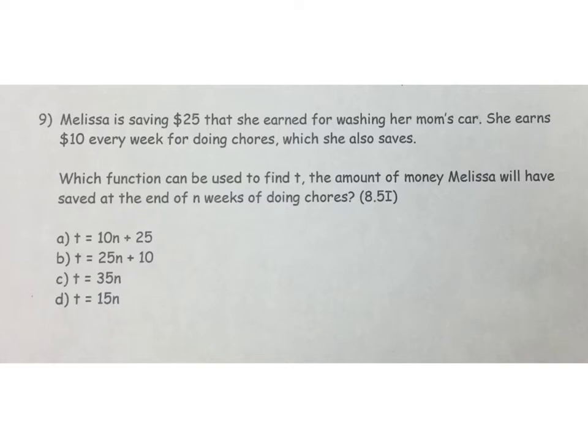Number 9. Melissa is saving $25 that she earned for washing her mom's car. She earns $10 every week for doing chores, which she also saves. Which function can be used to find T, the amount of money Melissa will have saved at the end of n weeks of doing chores?